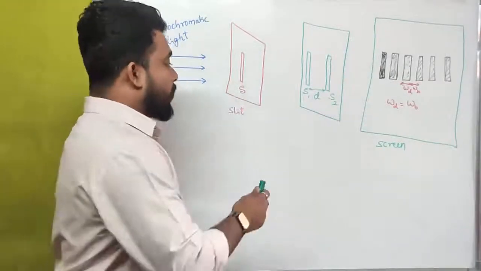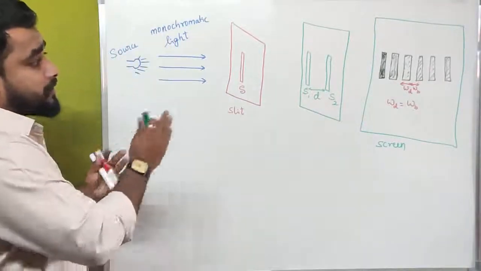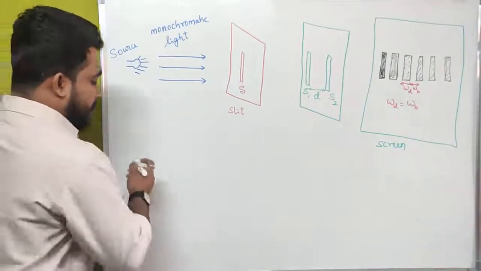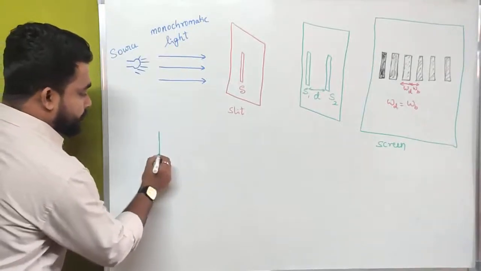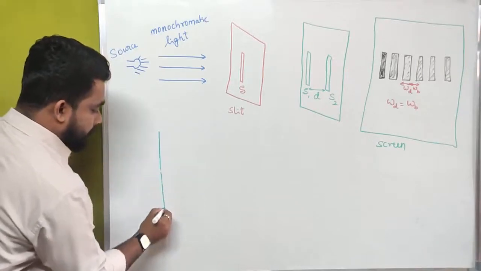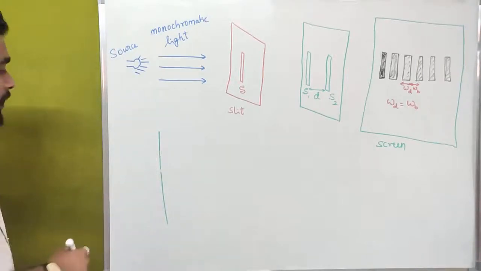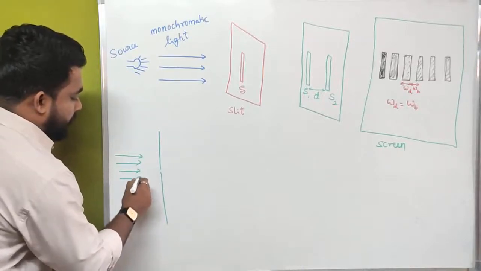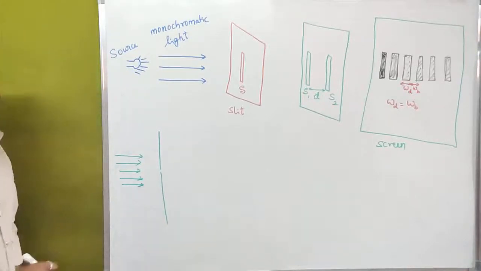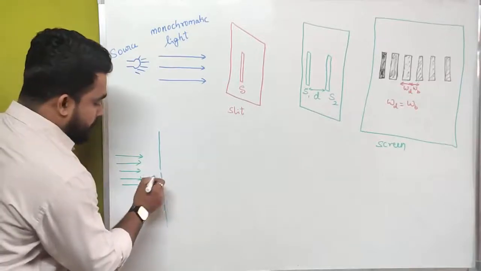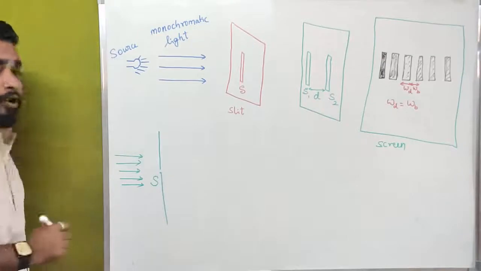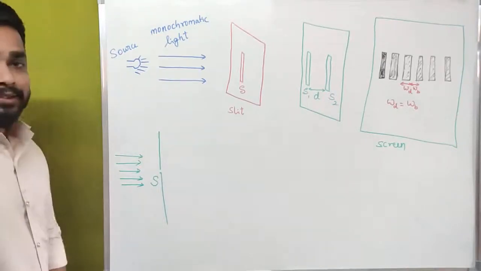And if you want to understand this interference pattern very clearly, what I am doing is I am going to consider this as our slit. Here what we have is monochromatic light rays traveling through this slit S. Here we have a small gap. Let us assume this as a slit.